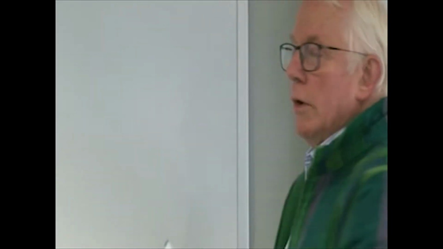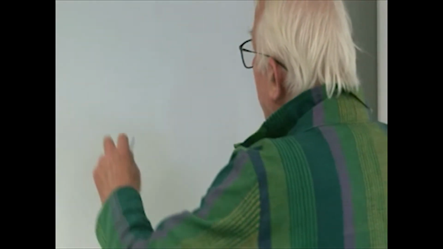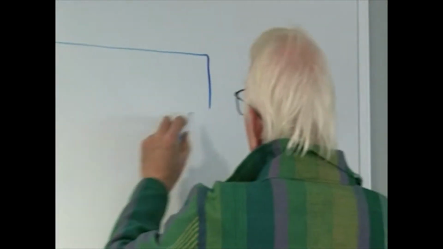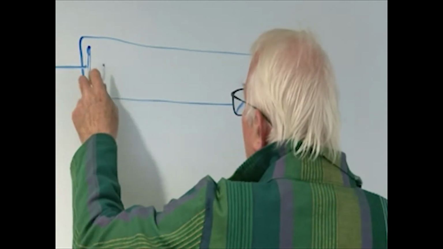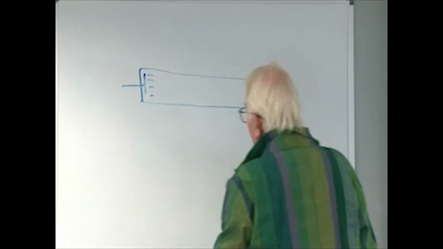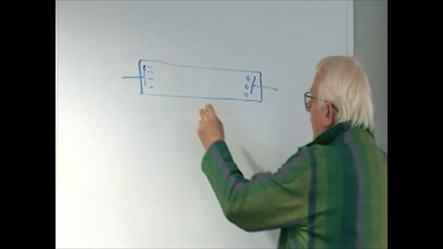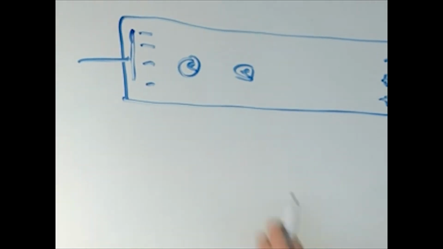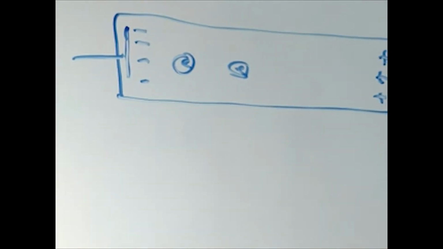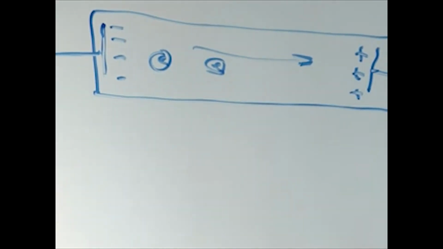Okay, we'll divide this into two pieces. Let's say we have an old-fashioned cathode ray tube like we used to have in televisions years ago. So there's a piece of vacuum here, and if I have an electrode here which has negative charges on it, an electrode here which has positive charges on it, if I have some electrons in here, they are repelled by this negative charge, they are attracted by the positive charge here, and they will simply accelerate from one end of this vacuum to the other.